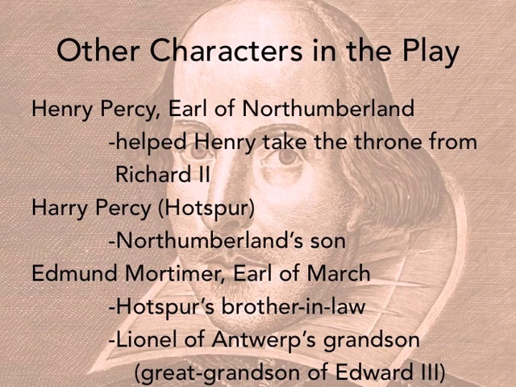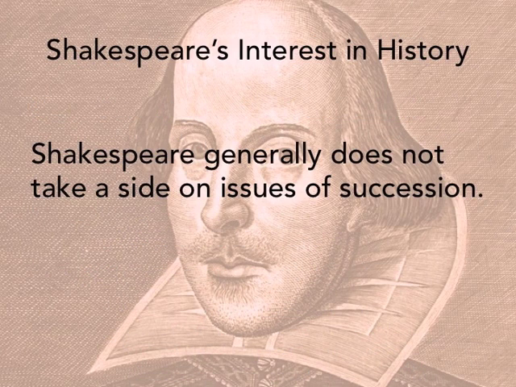So there are all these questions: who should be king? And I think that Shakespeare really is interested in this question, but not in the political sense. He is not particularly interested in getting into a discussion of how succession should work. And probably the reason he's not is that succession, you may know, was an issue during Shakespeare's own time as well.